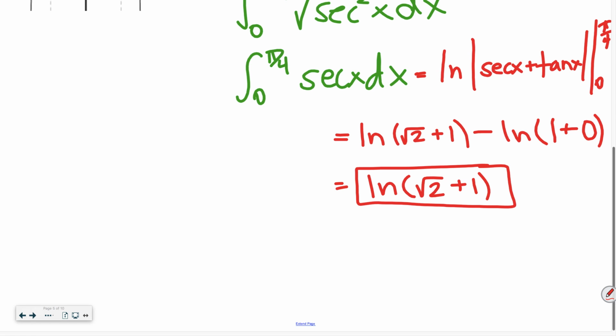Are you okay with my answer here? When we subtract a logarithm, it's like we divide inside, and dividing by 1 is unnecessary. Or you can think of it as the natural log of 1 is 0. Are the parentheses absolute value? Well, is radical 2 plus 1 positive? Yeah. Okay, then we don't need absolute value.